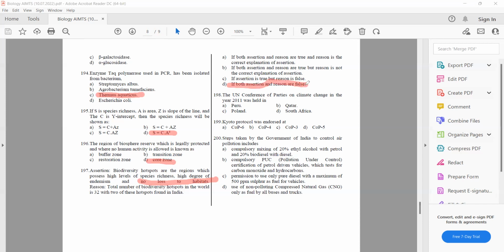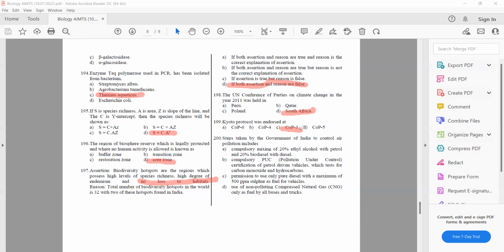The UN Conference of Parties on Climate Change in the year 2011 was actually held in South Africa. Kyoto Protocol was endorsed at Conference of Parties 3.